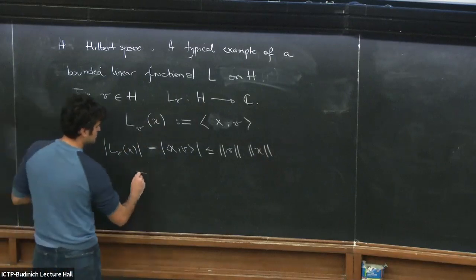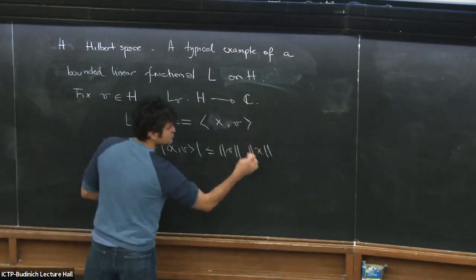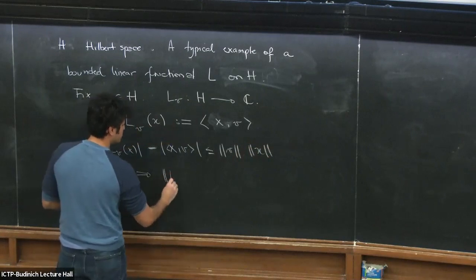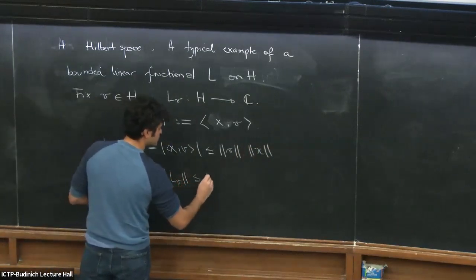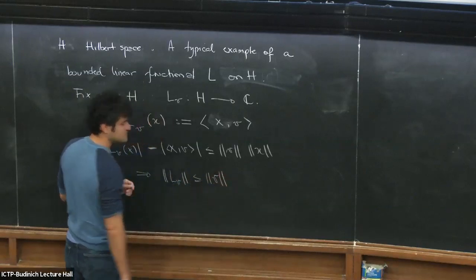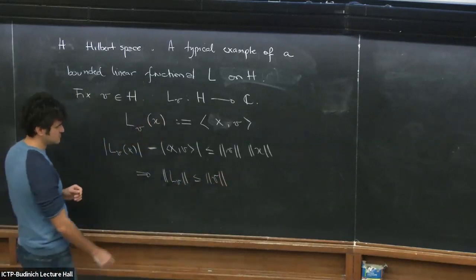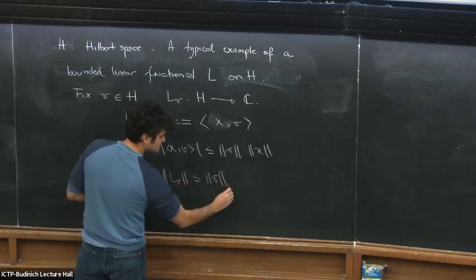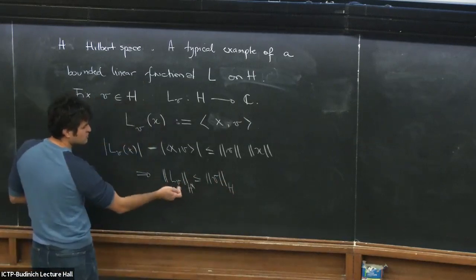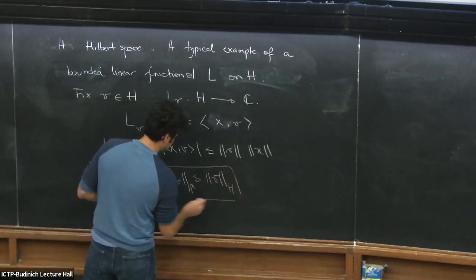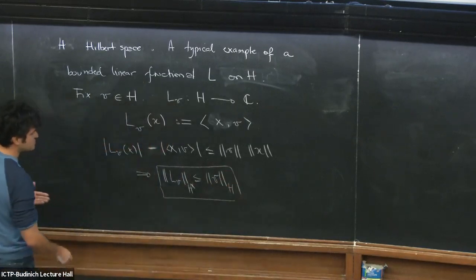So by this, if X has norm less than or equal to 1, you can pretty much find that the norm of LV is less than or equal to the norm of V. LV is in H dual, okay? This is the norm of the functionals.